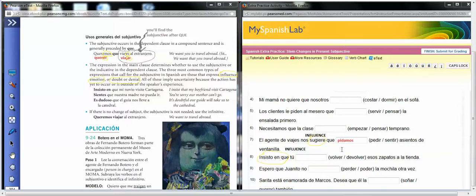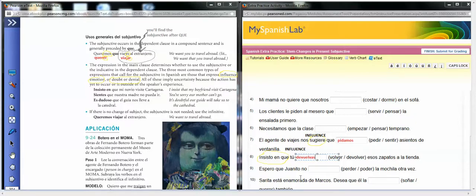So then we are going to conjugate devolver, which is the verb that we want to use. We're going to conjugate devolver for tú, and we're going to put it into the subjunctive. And this is again a stem changer, devuelvas.